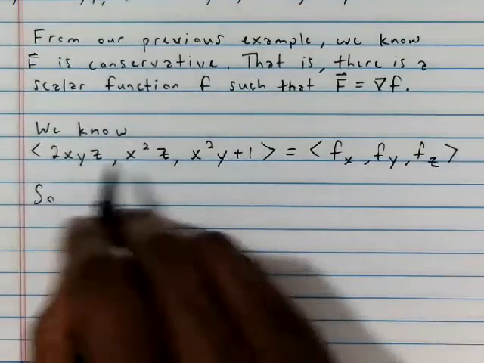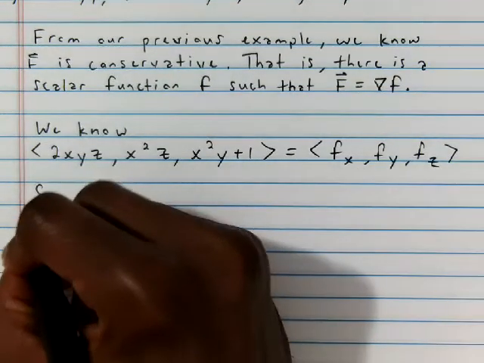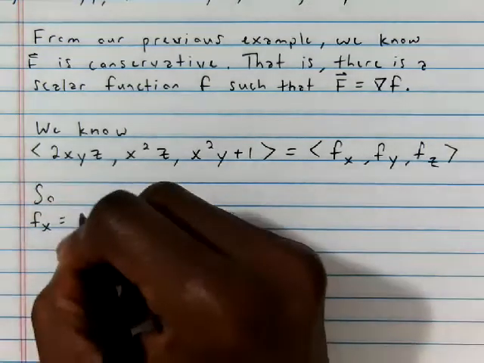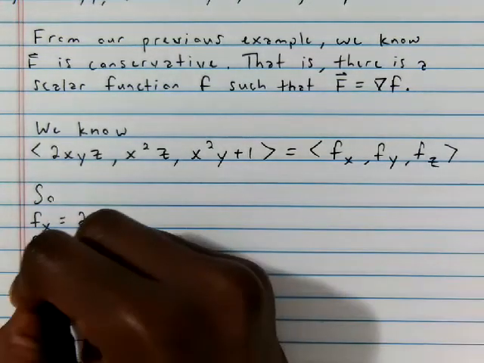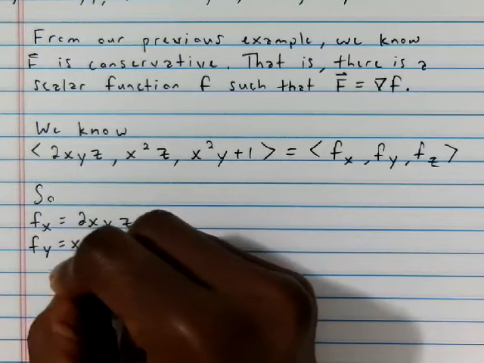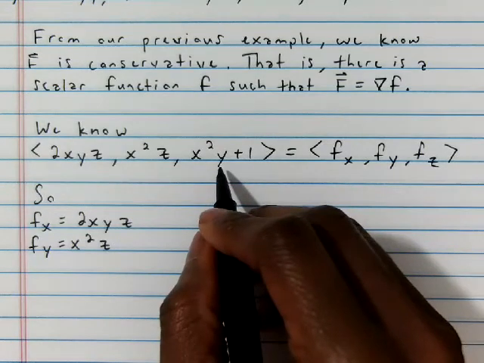Two vectors are equal if and only if their corresponding components are equal. So f sub x equals 2xyz, f sub y equals x squared z, and f sub z equals x squared y plus 1.